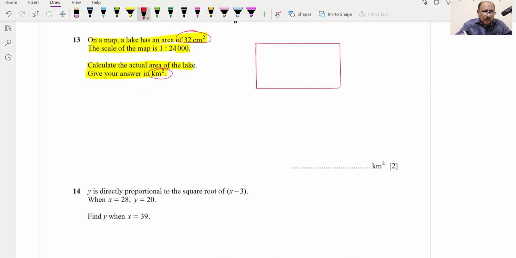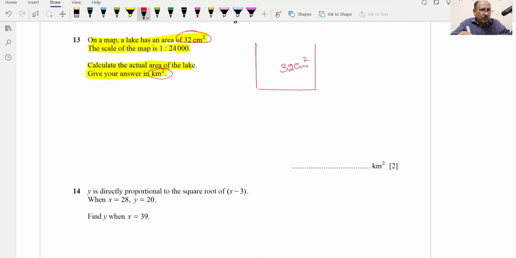So the area of the lake is 32 centimeters square on the map. It's not a rectangle, basically it is a square. So I will change it into a square shape, and remove this side also.